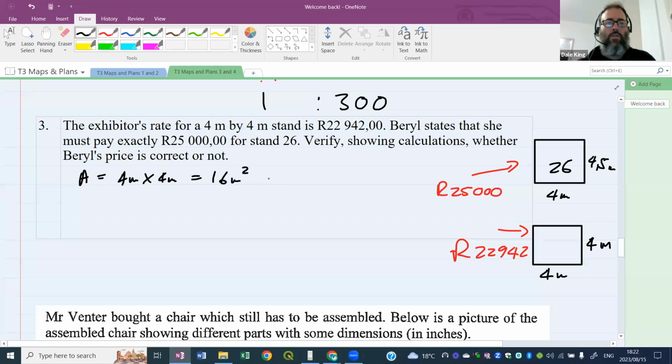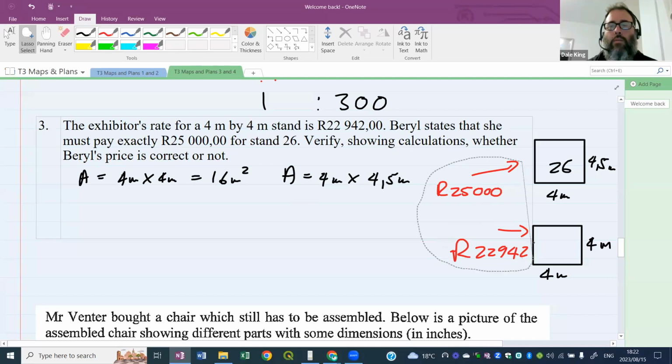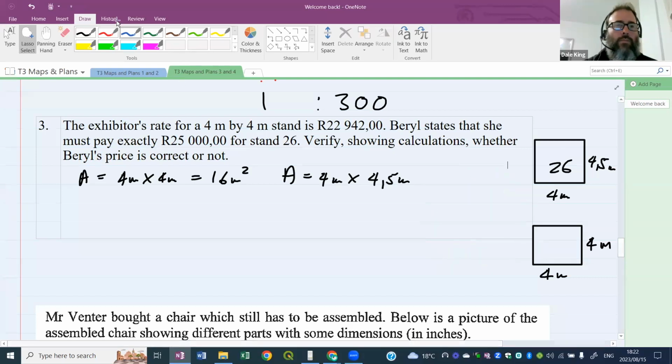So for 16 meters squared, we get 22,942. The area for the second one is 4 meters by 4,5. What do we get there? 18.